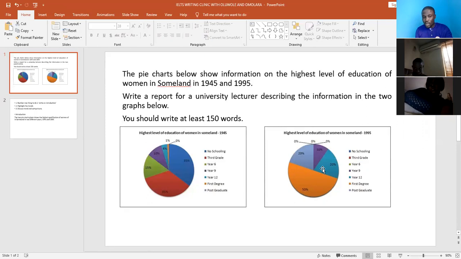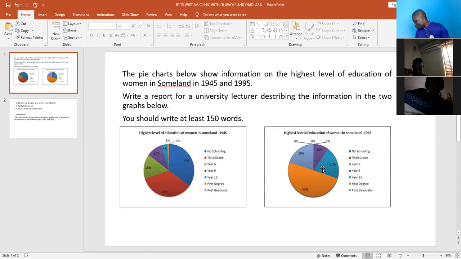The easiest way is to categorize those that have increased and those that have decreased. I want us to start from the lowest. The lowest in 1945 was 1%, and that was first degree.